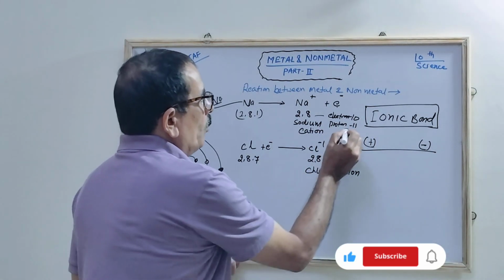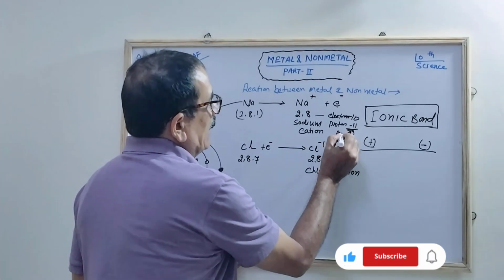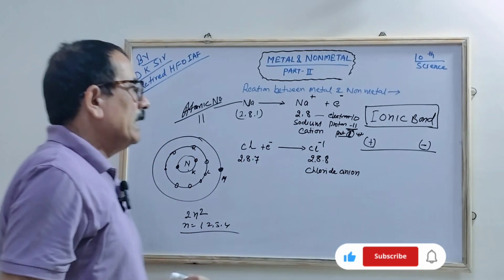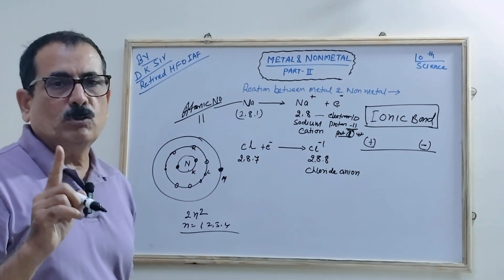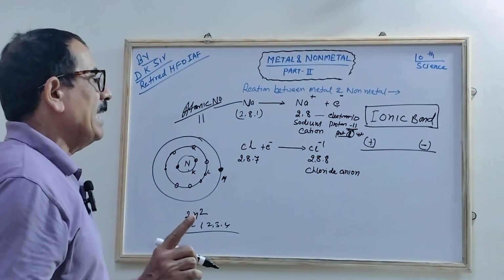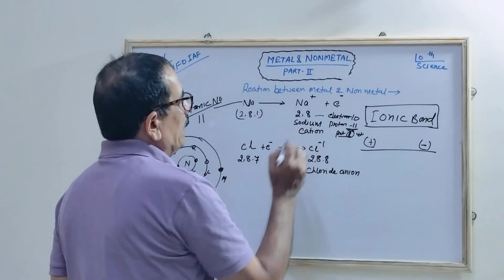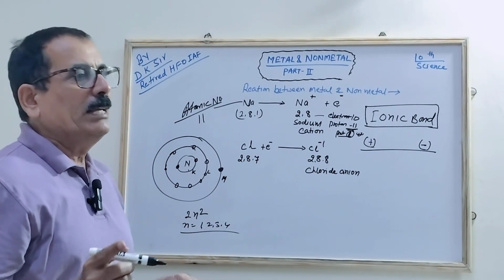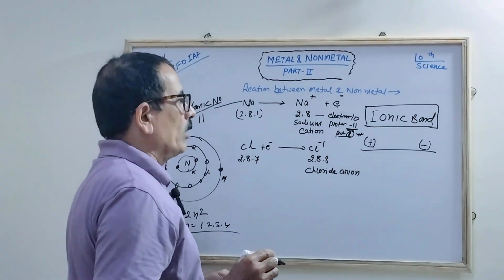So 1 proton is extra, having a positive charge. Because of that extra proton in the nucleus it becomes Na plus. This is called the sodium cation, which loses an electron and becomes positive in nature.